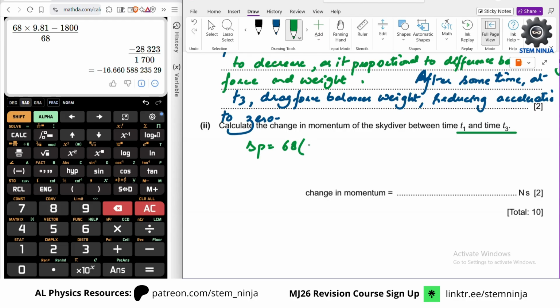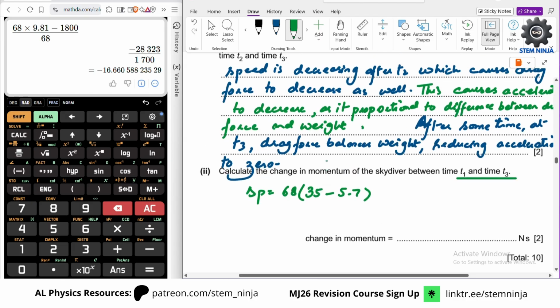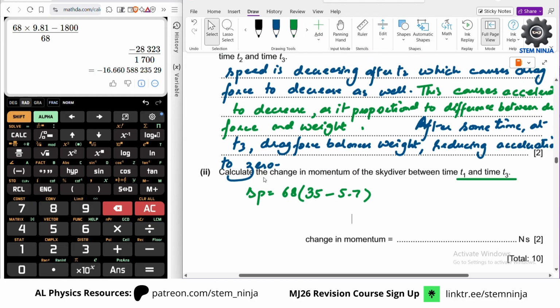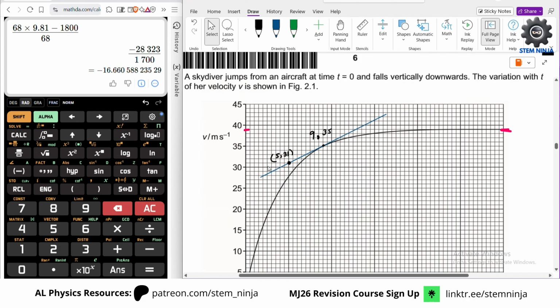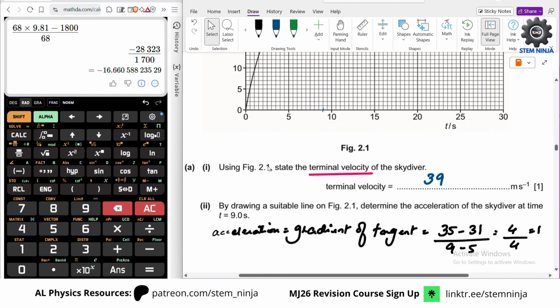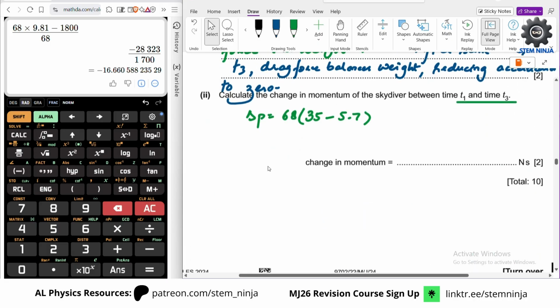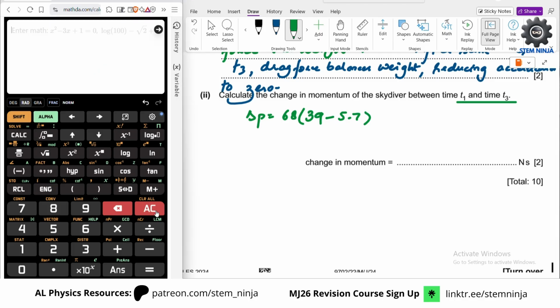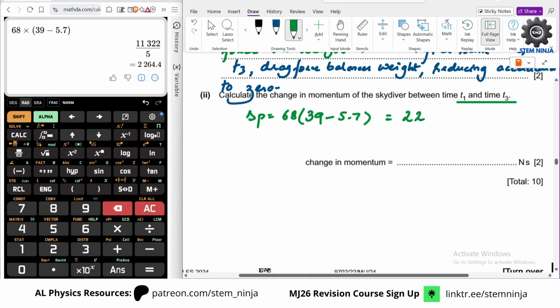Since the momentum before was greater, so 35 minus 5.7. Sorry, no, 35 or 39? 39, sorry. Yes. Right, okay. So 68 times by 39 minus 5.7, which is 2264.4. Final answer can be written as 2300.